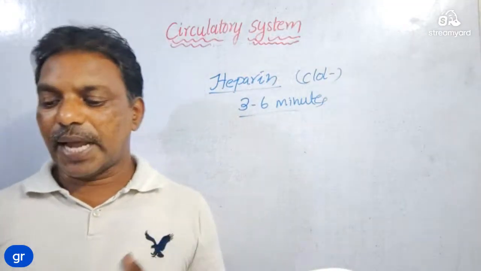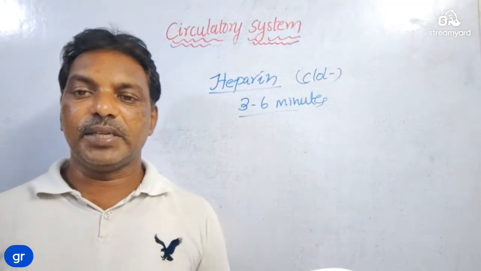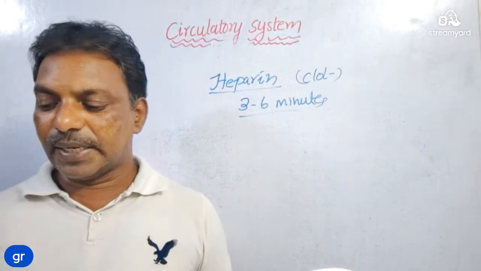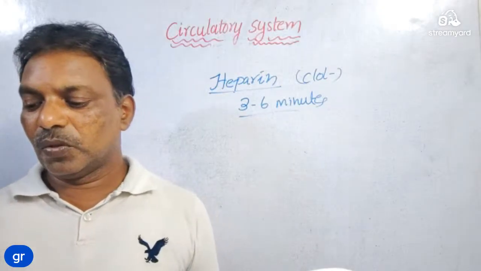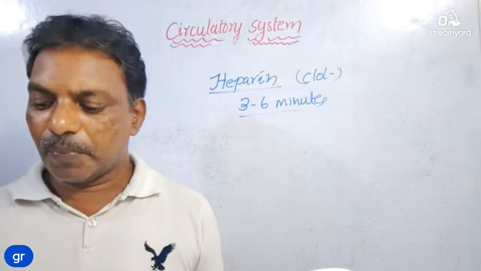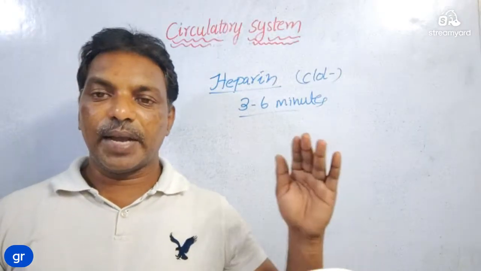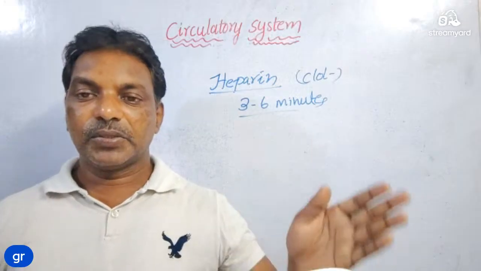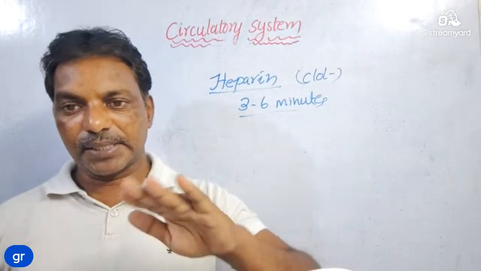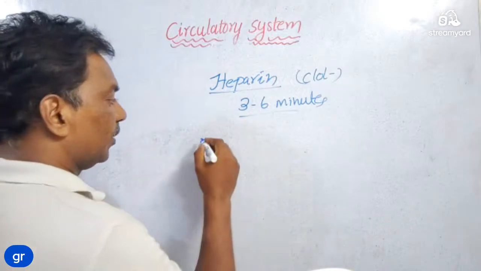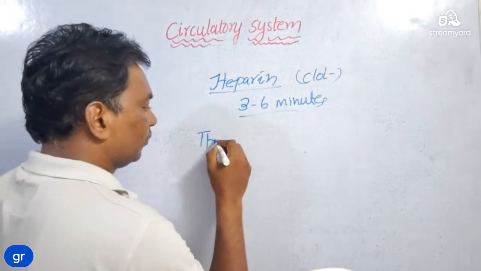Thrombokinase, an enzyme, is released from the blood itself into the blood and acts on prothrombin, converting it into thrombin. Thrombokinase released by the blood acts on another substance inside the blood, that is prothrombin.